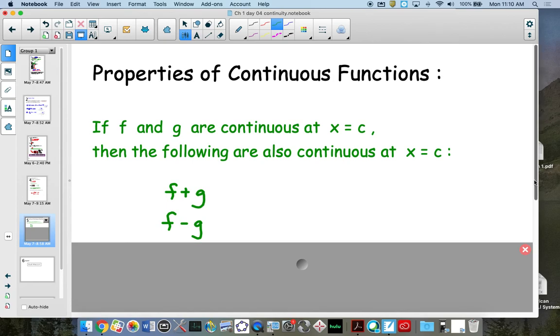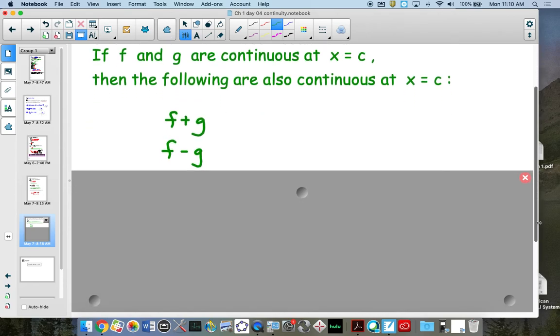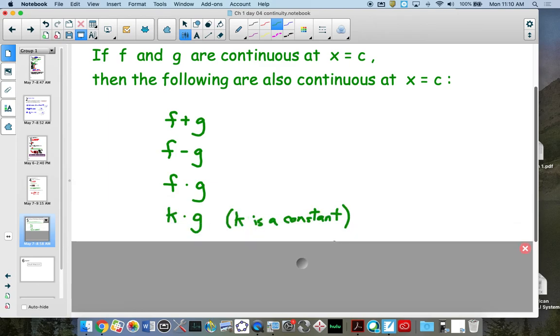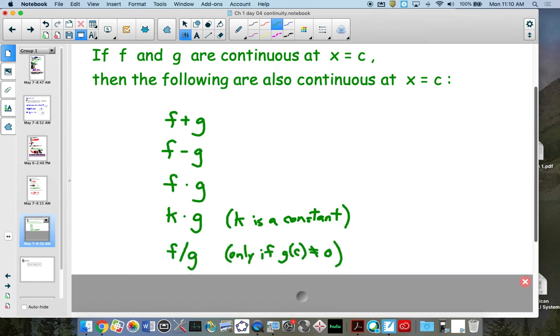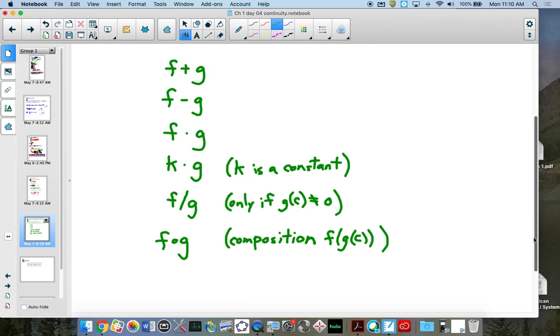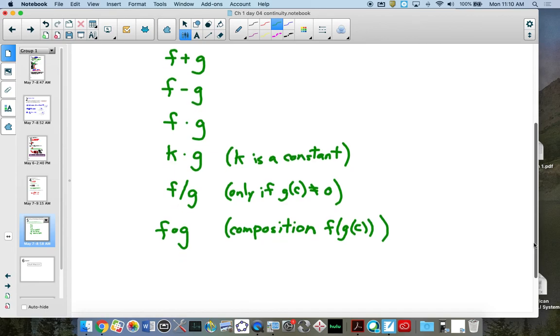The difference of the two functions will be continuous at c. The product, a constant times one of the functions, and the quotient as long as we don't get a divide by 0. And then the one that's not quite as obvious is composition. So f of g of c, or g of f of c, will also be continuous.